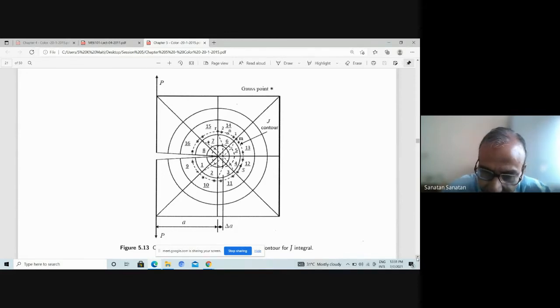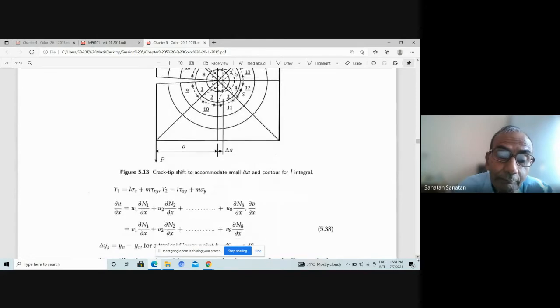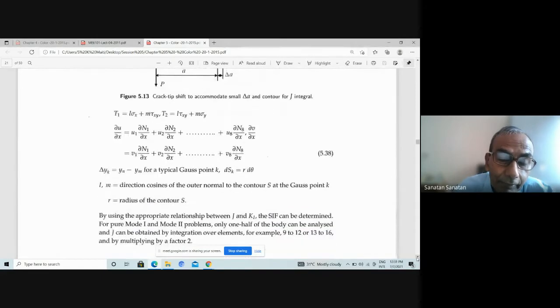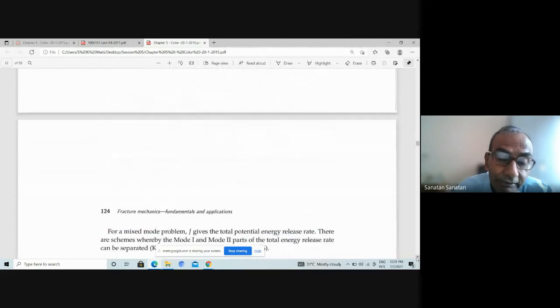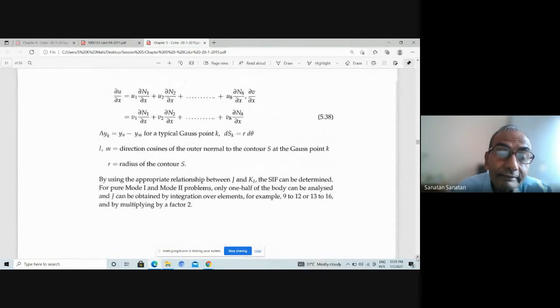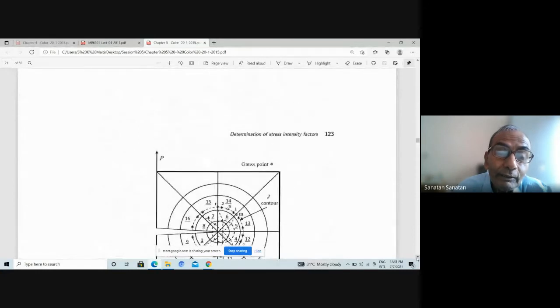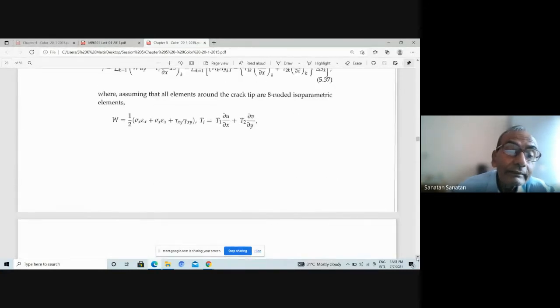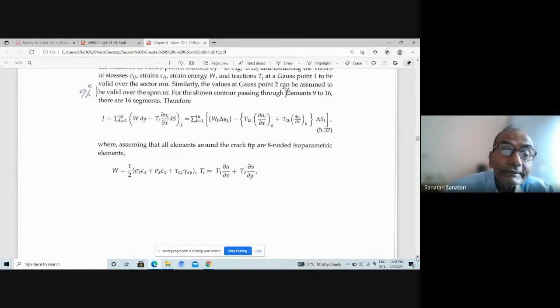So this is a continuous integration, but I can replace it by a piecewise summation process. So what is that? You break this contour from the bottom point to the top point into a number of small segments, passing through the elements, and for each small segment you evaluate the quantity W dy minus Ti delta ui by delta x ds.